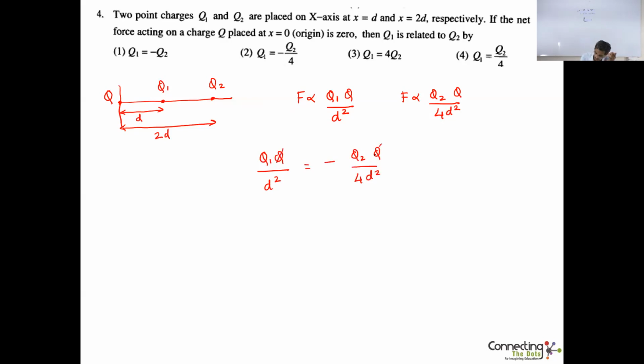So Q gets cancelled, d square gets cancelled. So we will end up with a relationship Q1 is equal to Q2 by 4. This gives us the relationship between charge Q1 and charge Q2. And in this situation, the net force acting on charge Q at the origin is 0. This is the right option.